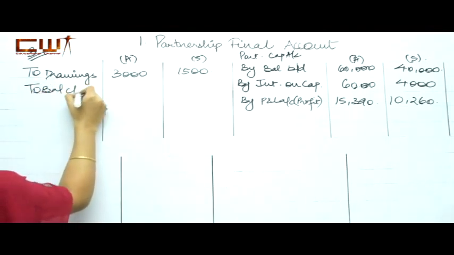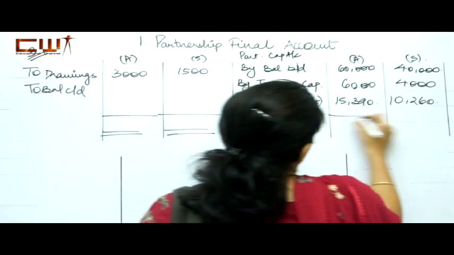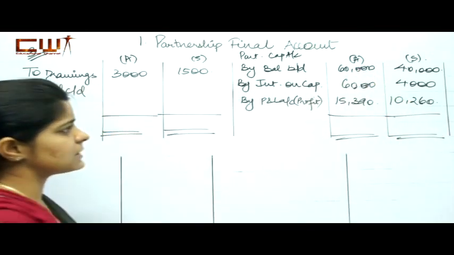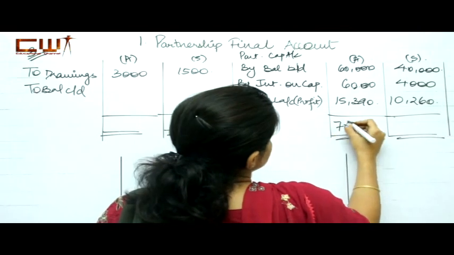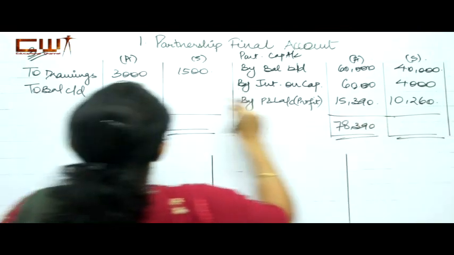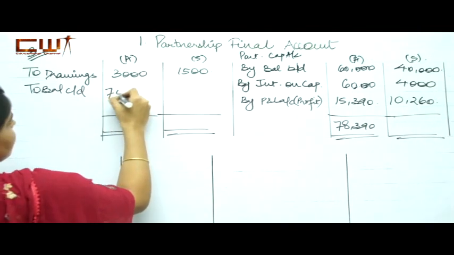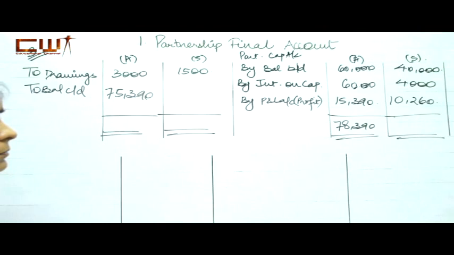To balance, carry it down, add it and close it. Right? 60,000 plus 6,000 plus 15,390 is 78,390. 78,390 minus 3,000 will give you 75,390. Next is 40,000 plus 4,000 plus 10,260, which gives you 54,260. Then the rest you will minus, how much? 1,500.